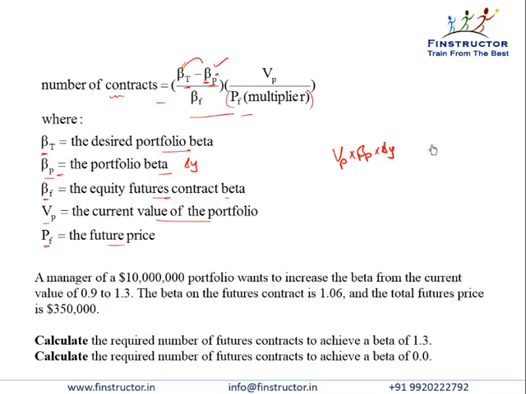So the fund manager wants that the actual change in the value of the portfolio should be equal to VP into beta T into delta Y.